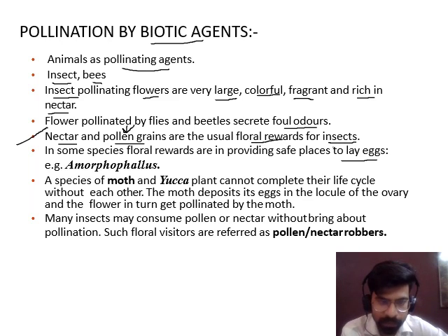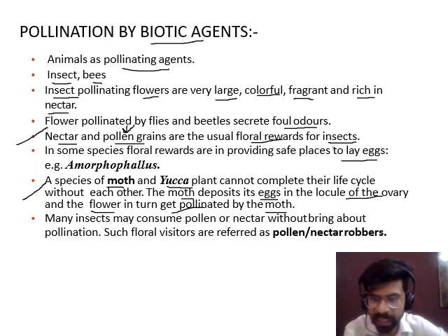A unique example is given here, the last second point. A species of moth. Moth is just like an animal, or you can say an insect. Moth is an insect and yucca is a plant. Both the moth and the yucca plant are dependent on each other. Why are they dependent on each other? Moth, means insect, deposits its eggs in the ovary, whereas the flower gets pollinated with the help of the insect.